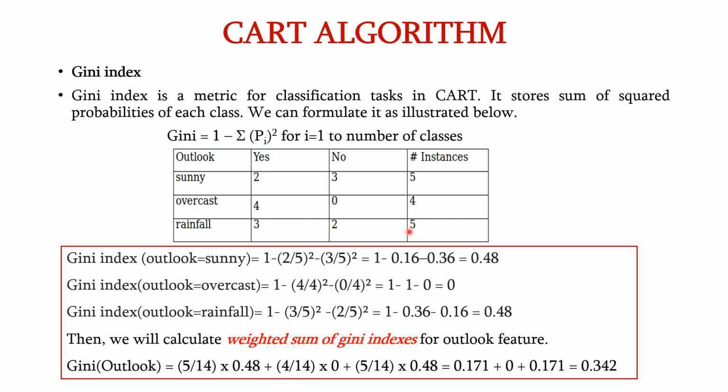For overcast, the total number of instances is 4 divided by 14 in the dataset, into the Gini index for overcast, which is 0. Similarly for rain it is 5 divided by 14 into 0.48. So the value is 0.342. Thus the Gini index for the outlook feature is 0.342.